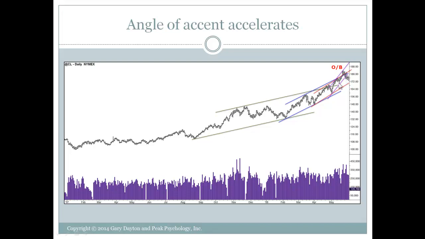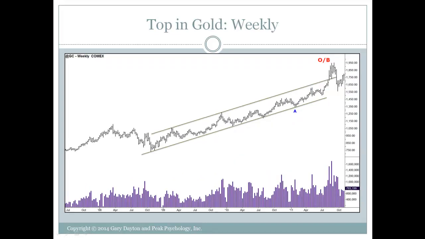They think that oil is going to go. I think at the time there were people out of Goldman Sachs and other oracles of oil who said that oil was going to go to $200 a barrel. Well, if it's trading at 180 and $200 a barrel is 20 points higher, then money could be made. So a lot of people were getting in on that. But that was the time when a top was most likely to come in.